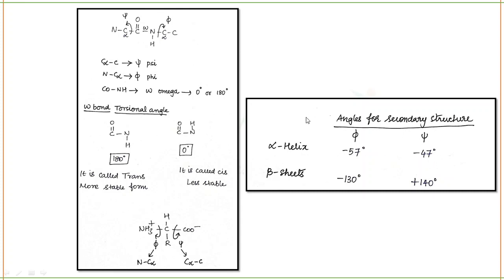For beta pleated sheets, you have minus 130 degrees and plus 140 degrees. You can remember this. They might ask you in the exam. It's very simple. So this is the Ramachandran plot.